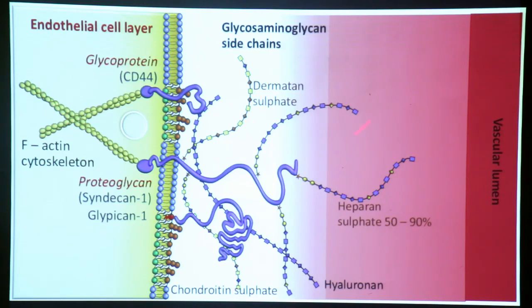Now what does this do? Why do we have proteoglycans? Proteoglycans are like a tree which has multiple branches. What do the branches do? They provide shade to whoever stands under them. This is precisely what the proteoglycans and the side chains are doing.